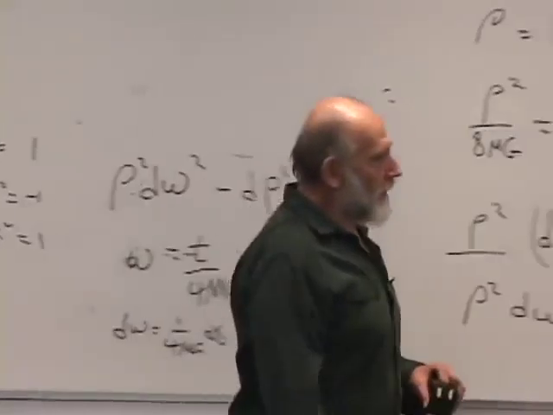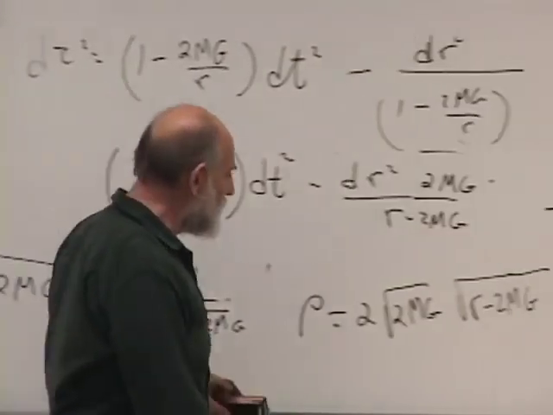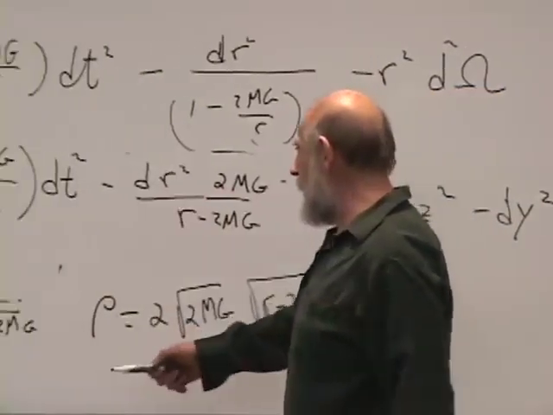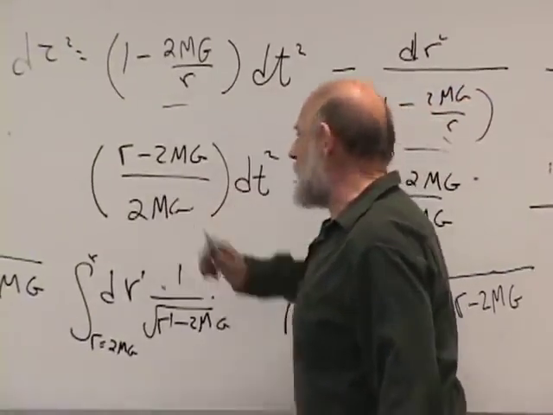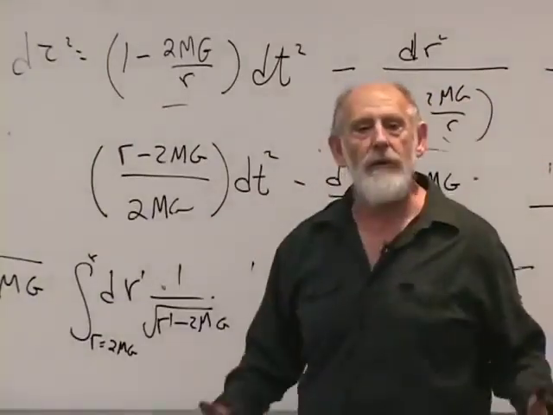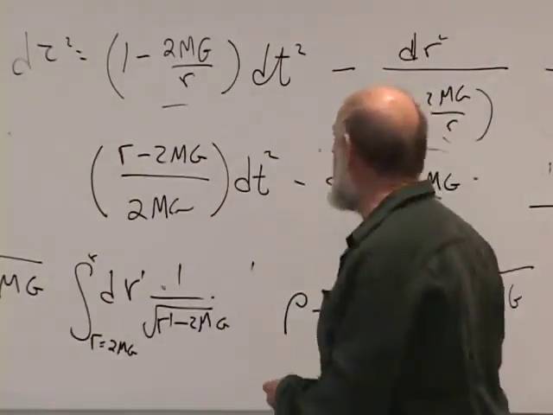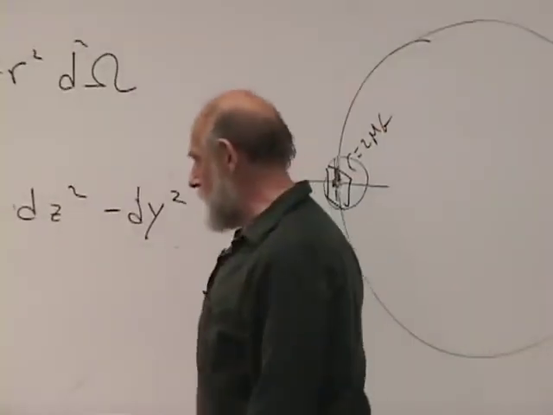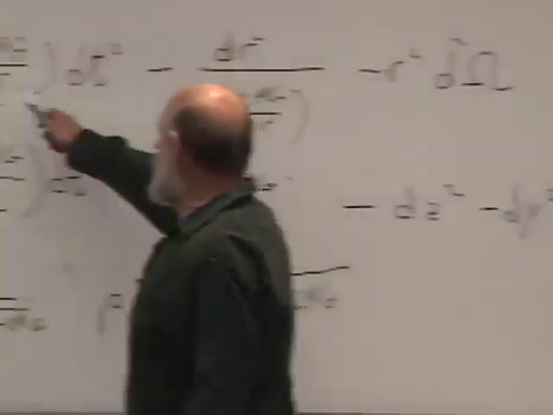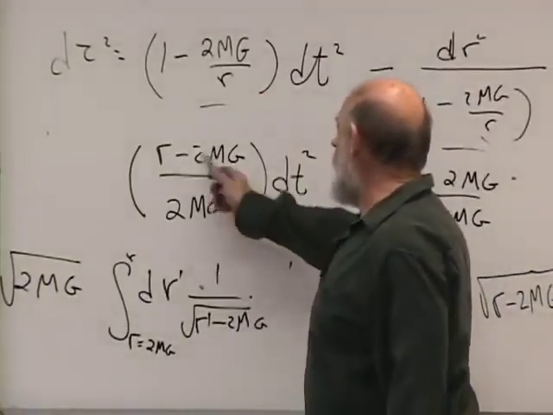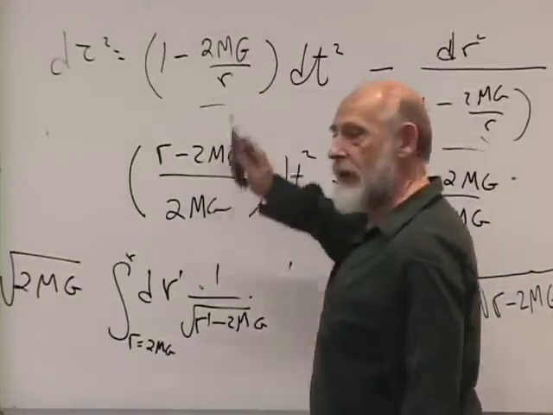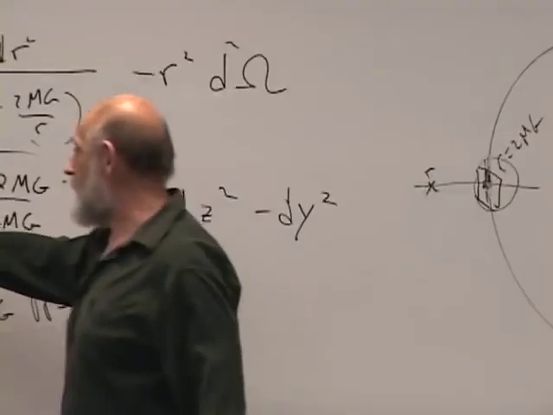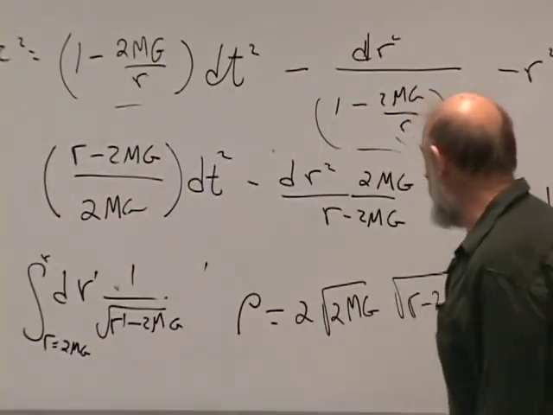Okay, so let's just go through what I did again without actually doing it. The first thing I did was I approximated near the horizon. It's called the near horizon approximation. And it's not just the near horizon, it's near a specific point on the horizon. We substituted for 1 minus 2mg over r, and then said r is approximately equal to 2mg. So that just gave us a simple expression over here.